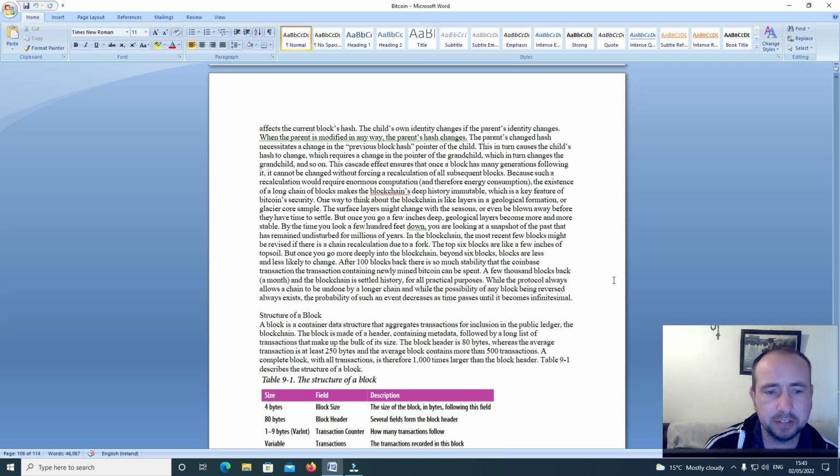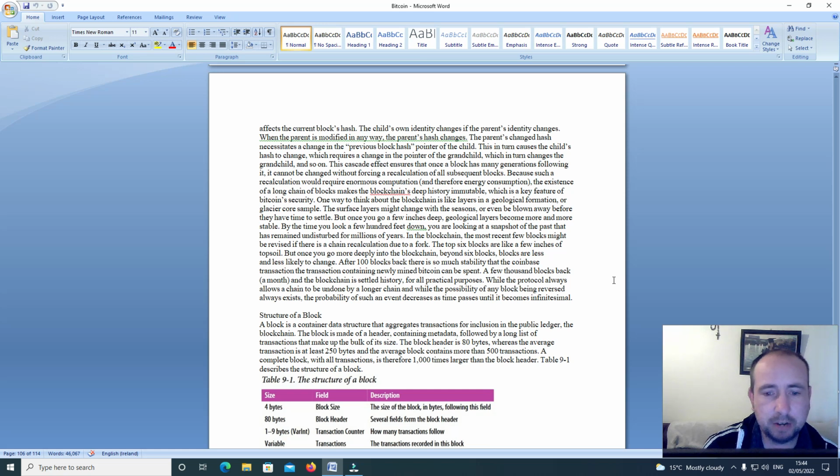The existence of a long chain of blocks makes the blockchain's deep history immutable, which is a key feature of Bitcoin's security. One way to think about the blockchain is like layers in a geological formation or glacier core sample.